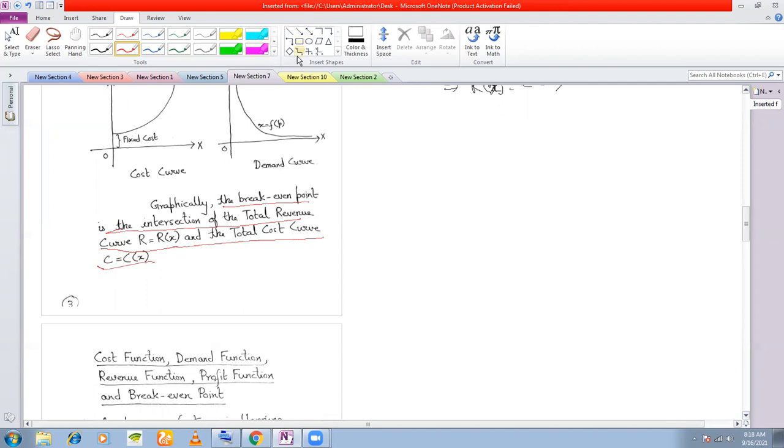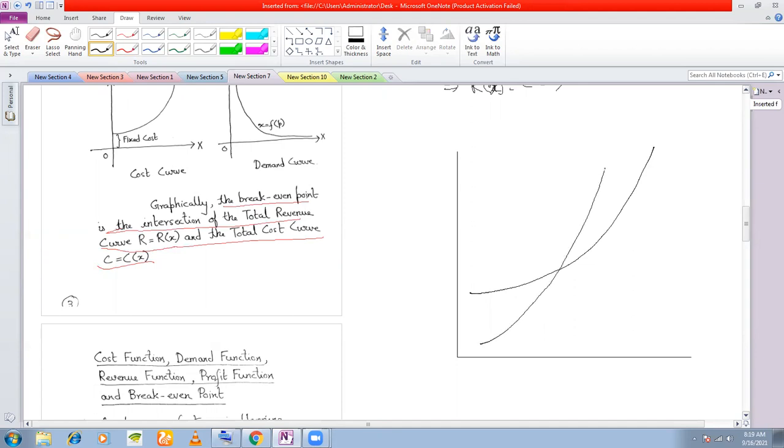So for example, if you have two curves like this, you have your cost curve, and let us say you have your revenue curve. This is C equal to C(x), the cost curve, and this is the revenue curve, R equal to R(x).